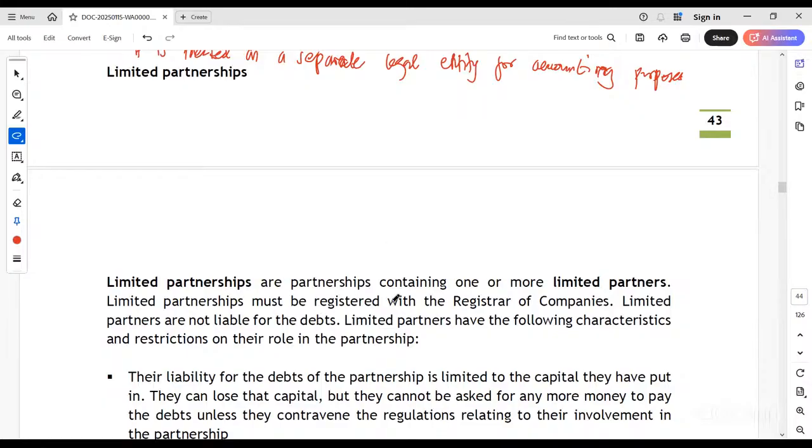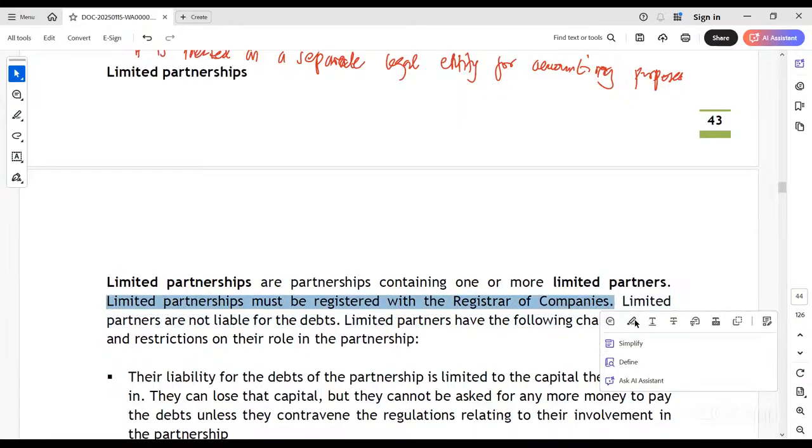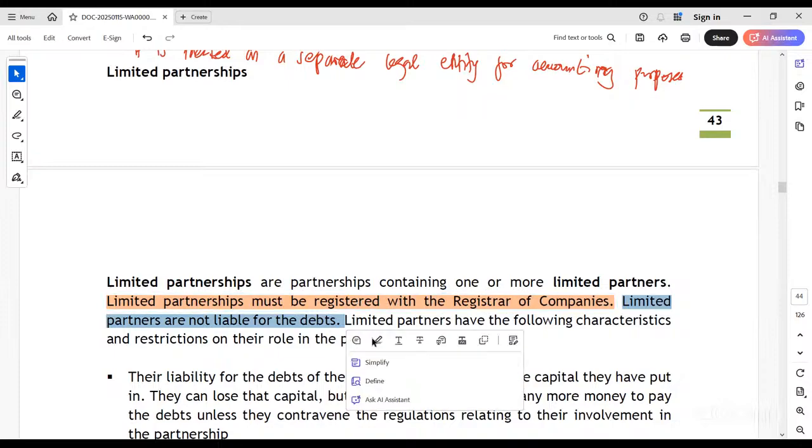Limited liability partnerships are partnerships containing one or more limited partners. Limited partnerships must be registered with the registrar of companies. Limited partners are not liable for the debts of the business.